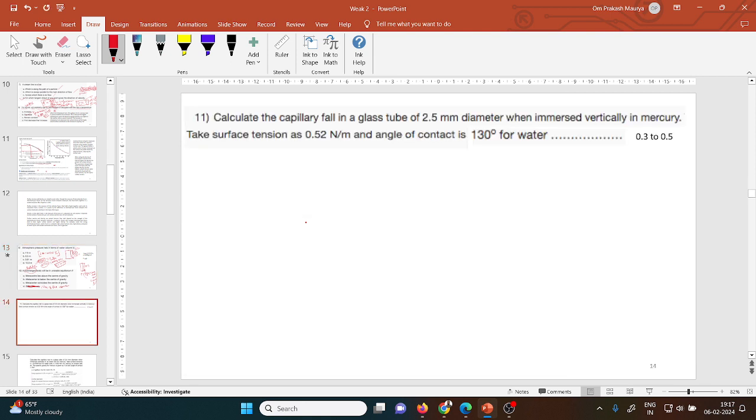Okay. Now moving ahead to another question. Calculate the capillary fall in a glass tube of 2.5 mm diameter when immersed vertically in mercury. Take the surface tension as 0.52 Newton per meter and the angle of contact 130 degrees.